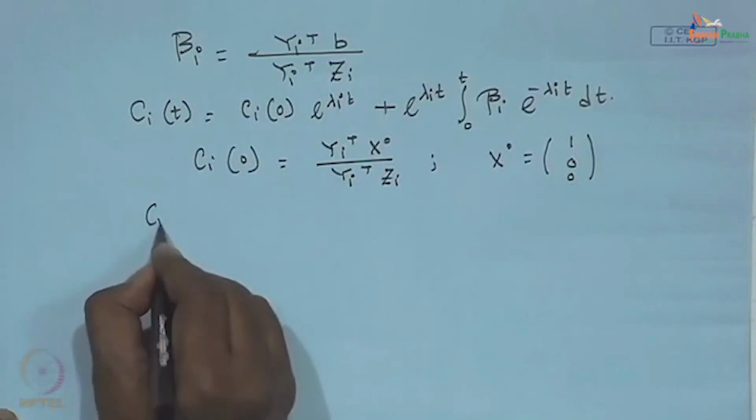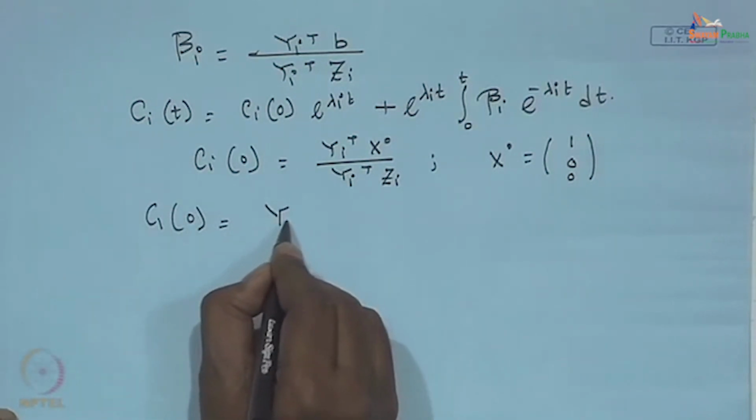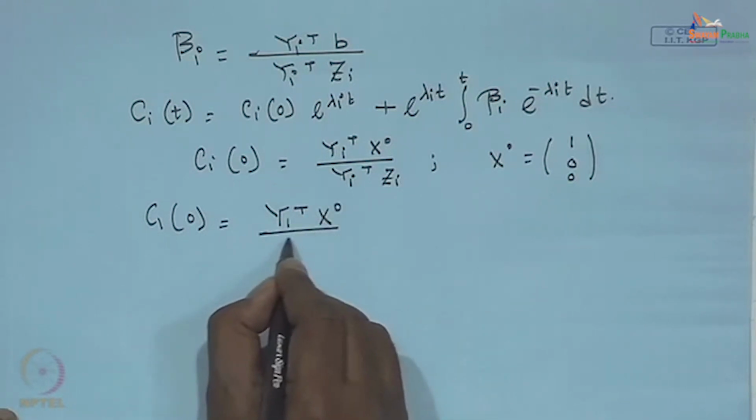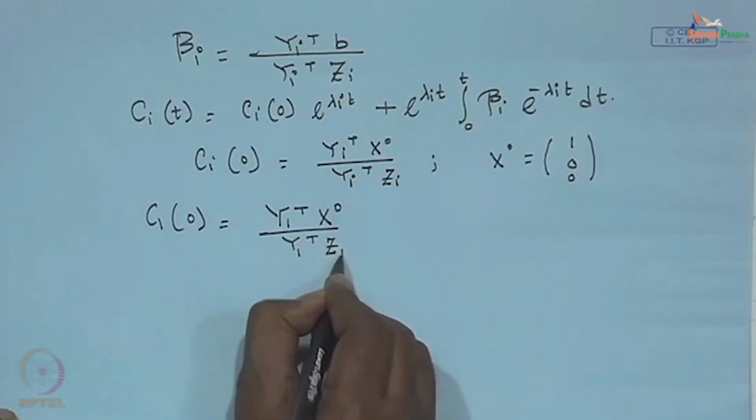So, c1(0) will be y1 transpose x naught divided by y1 transpose z1.